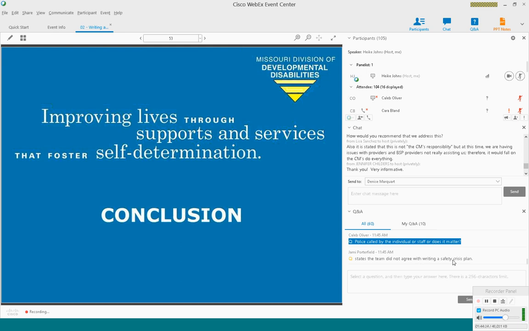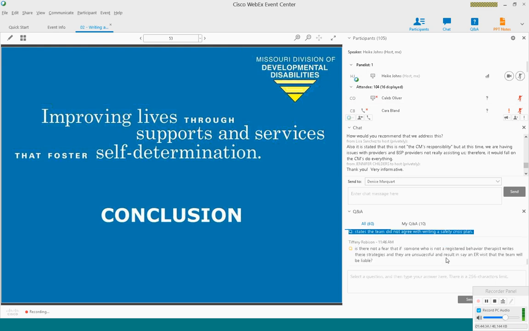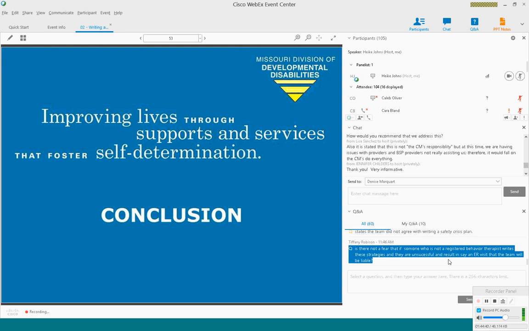So consensus is important on situations where a safety crisis plan isn't required, but once the safety crisis plan is required, which again is if you're using reactive strategies that are also restrictions, then that's not a choice. The team doesn't get to decide that they would rather not make a safety crisis plan. In that situation, they have to have a safety crisis plan.